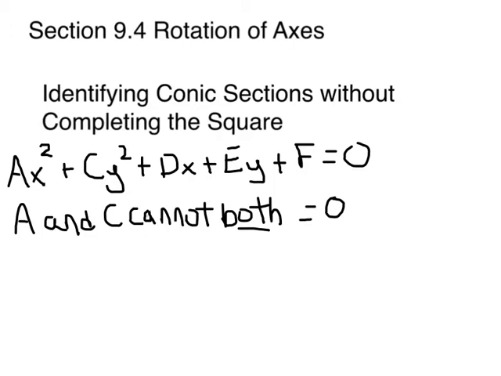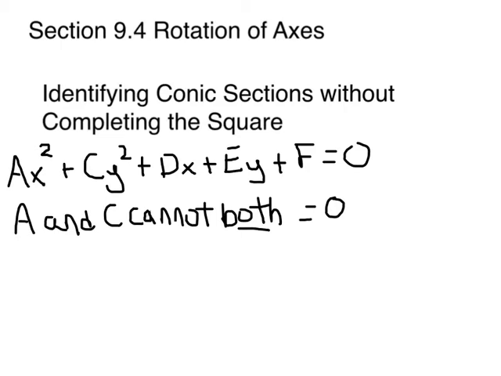All this formula means is that our equation has either an x squared or a y squared or both, and the letters A, C, D, and E represent the coefficients, and F represents the constant.